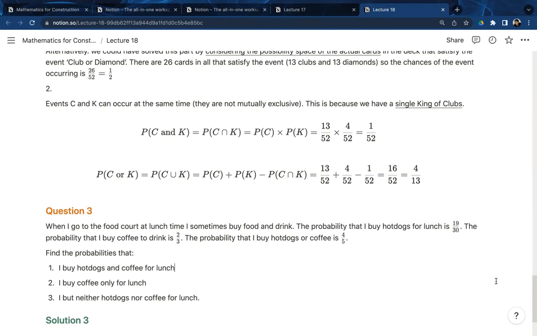But it's possible I may not buy coffee, and it's possible I may not buy a hot dog. It's possible I might buy hot dogs alone and no coffee. Some days I might just buy coffee alone and no hot dogs. Sometimes I buy none and just get pizza and a soft drink. So there's a lot of things happening here. So draw a diagram, think about what the different probabilities are.